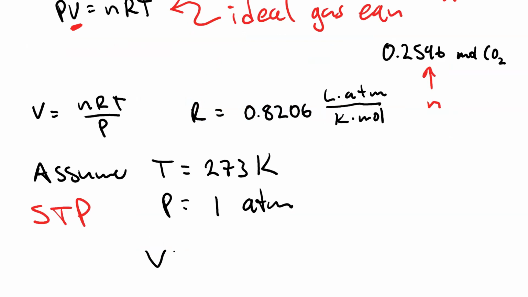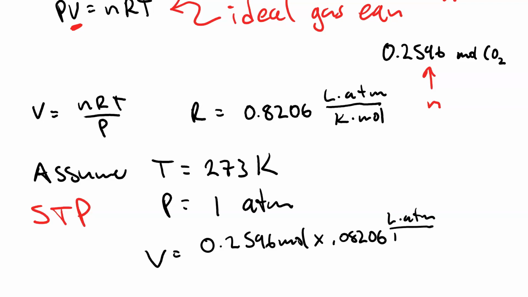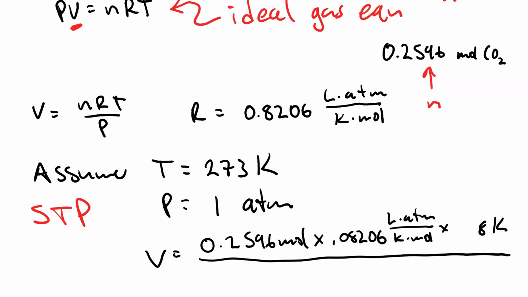Plugging in the numbers, V equals 0.2596 moles times R, 0.08206 liters times atmospheres over Kelvin times moles, times T, 273 kelvins, over P, 1.00 atmospheres.